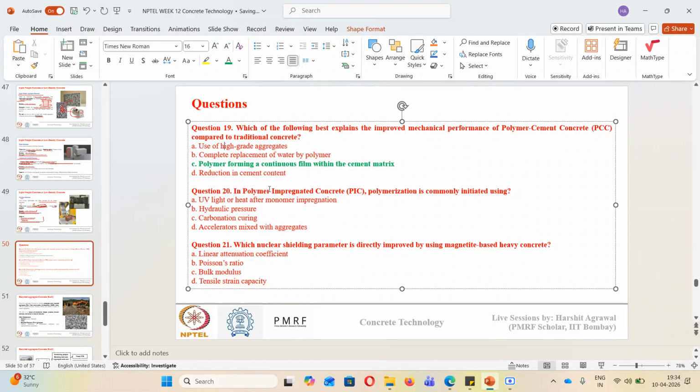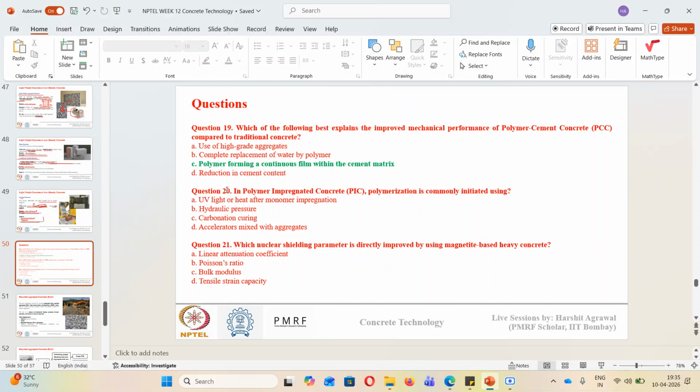Polymer forms a film across the cement paste and enhances the adhesion, the tensile strength and the durability. It fills the voids present in the system, bridges all the micro cracks, reduces porosity, and increases the mechanical performance of concrete in general. Question number 20.